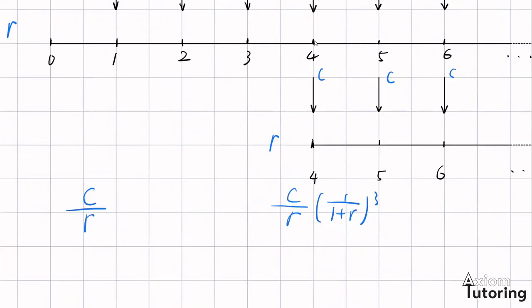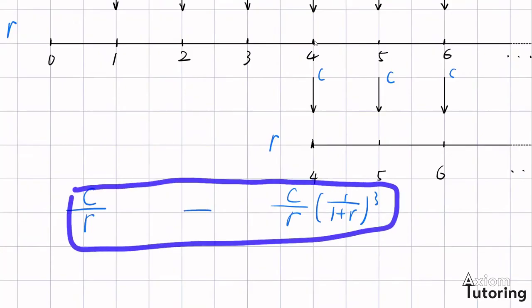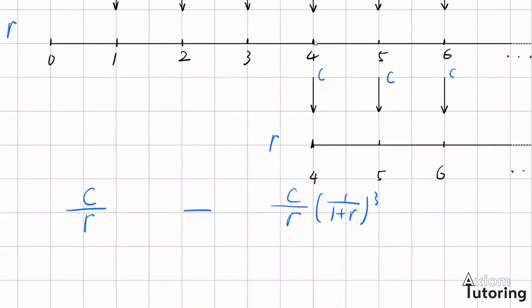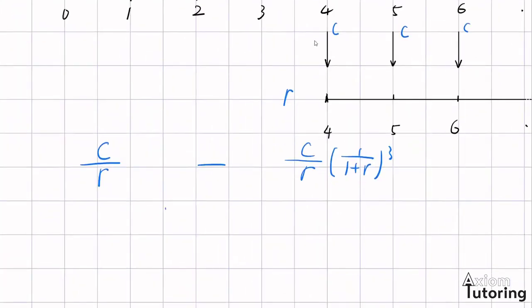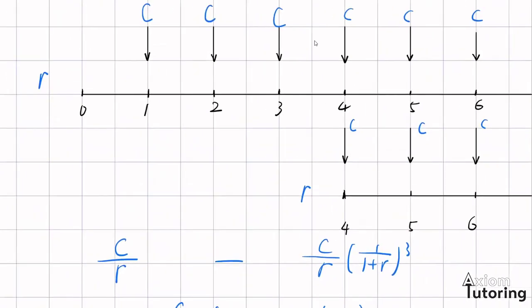Let's take a look at the difference between the values here. If you subtract, C over R minus C over R times 1 over 1 plus R to the power of 3, what do we have? We basically have C over R, if you just collect the terms, times 1 minus 1 over 1 plus R to the power of 3, which is the annuity formula for an annuity that lasts for 3 years, which is exactly the gap here.